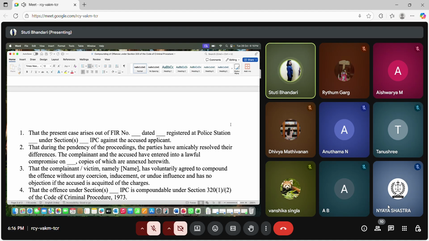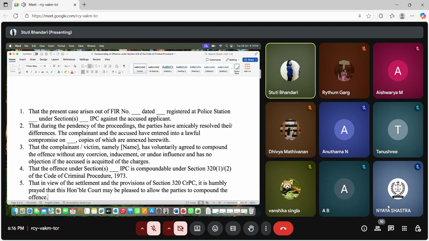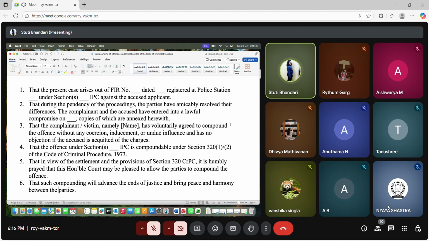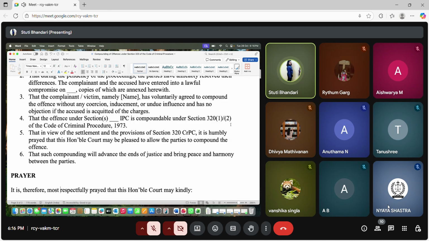That the offence under section dash, so you will mention whatever the charge is on the accused, falls under the compoundable category under section 320 of the CRPC. That in view of the settlement and provisions of section 320 CRPC, it is humbly prayed that this honorable court may be pleased to allow the parties to compound the offence, that such compounding will advance the ends of justice and bring peace and harmony between the parties.